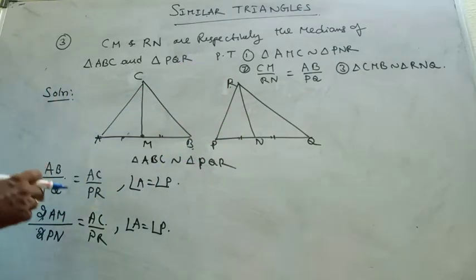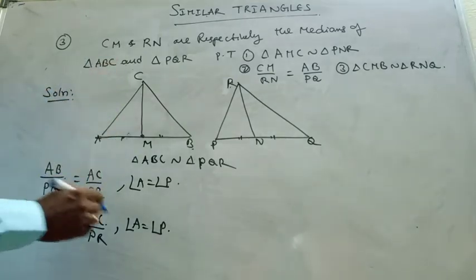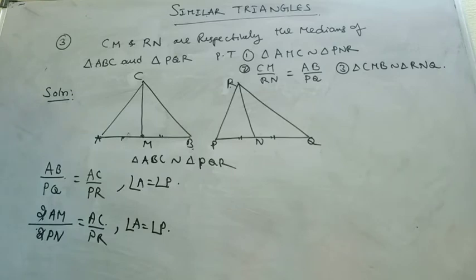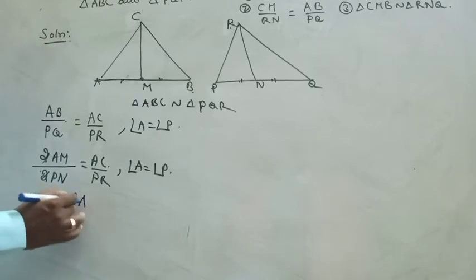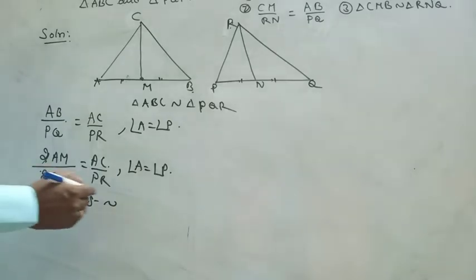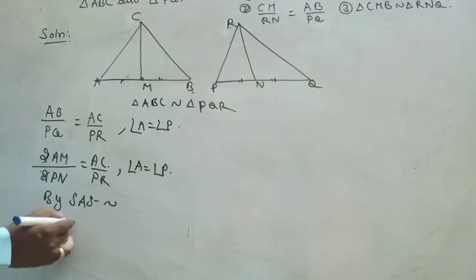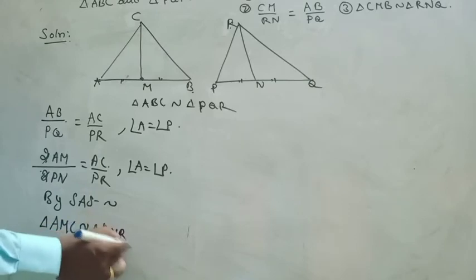In this, you got AM by PN is equal to AC by PR, and angle A equal to angle P. By SAS similarity, two sides and their included angle, triangle AMC is similar to triangle PNR.